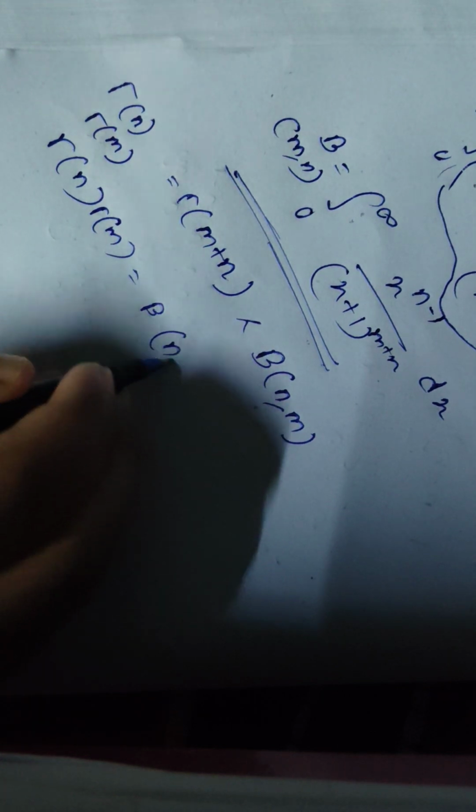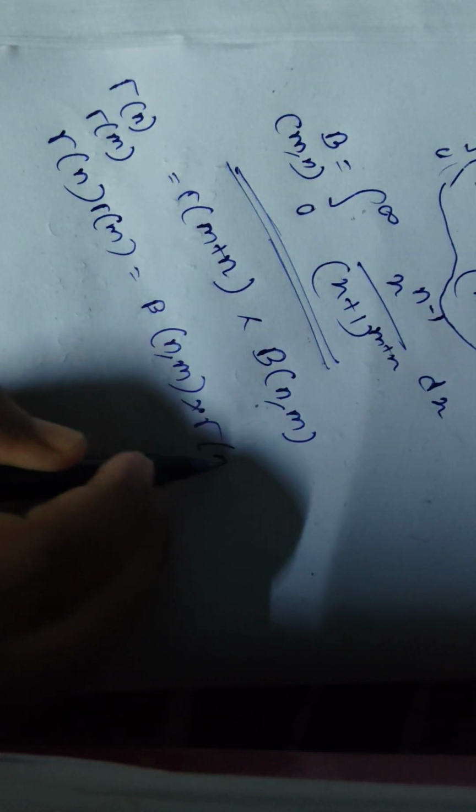So gamma n into gamma m is equal to beta of n comma m into gamma of m plus n.